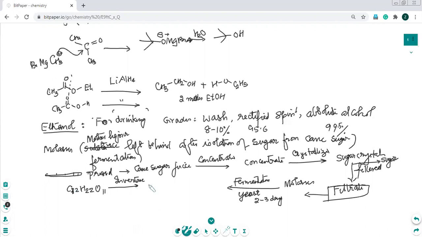Invertase will convert this into a molecule of glucose, C6H12O6, plus a molecule of fructose. Remember, both have the same molecular formula.